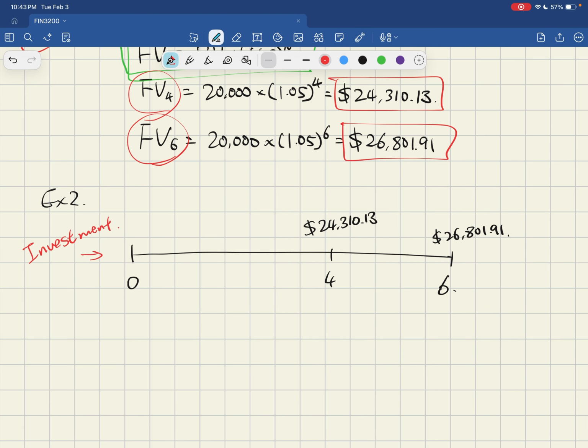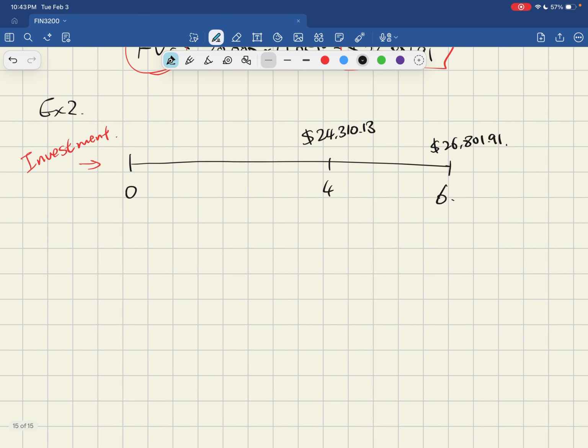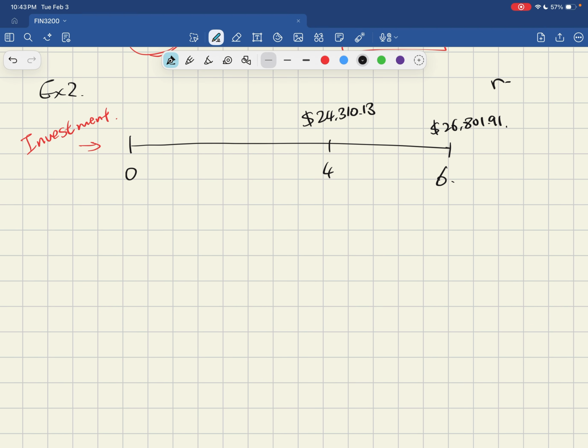Okay. So for this one, we have a different R. The rate at which your investment grows is 3%. Okay. So based on what we have here, we want to figure out how much you have to put into your account to reach this amount and this amount.